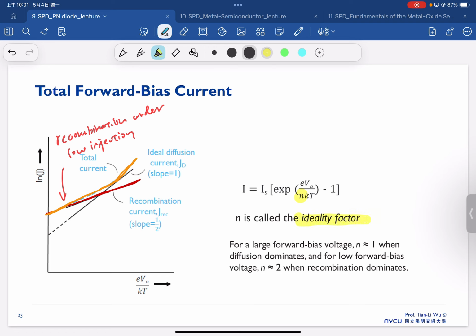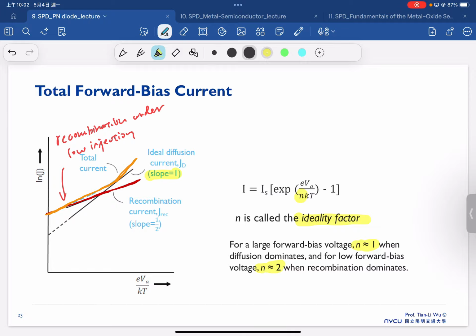We can use this ideality factor to see how our forward current is influenced by this non-ideal effect. If diffusion current dominates, we should have this ideality factor around 1. But if we are influenced by recombination, then this will be revised to 2.